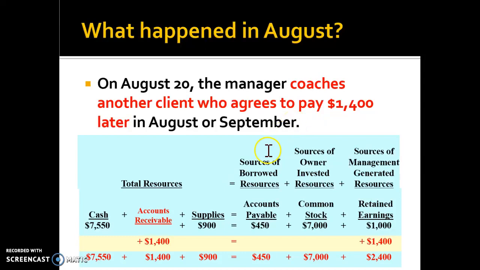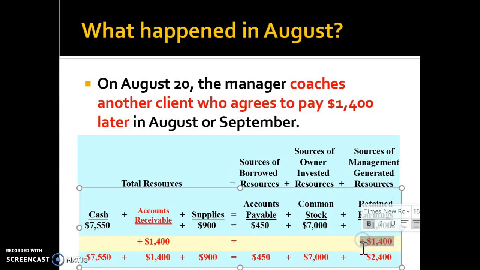If you look at what we have done for that client, we see that accounts receivable increases and retained earnings increases. What does that mean? That means when we coach another client, it's management-generated resources that increases the sources of management-generated resources kept in the firm, right?